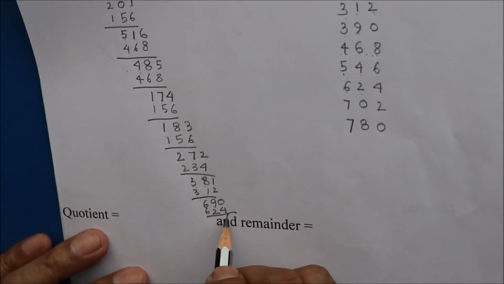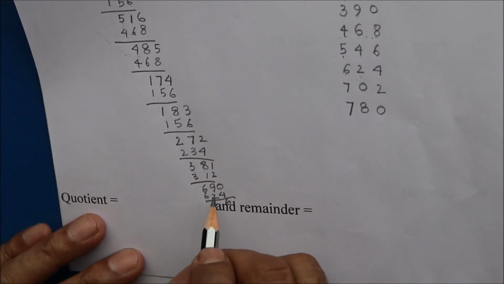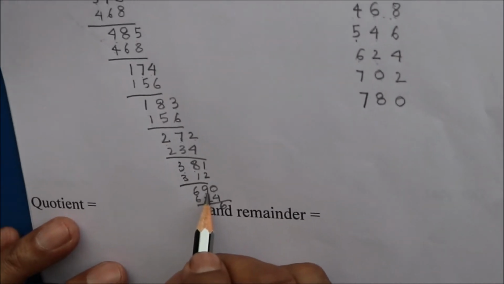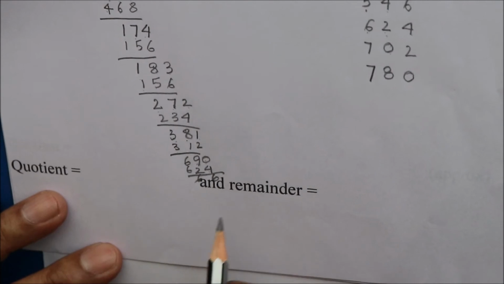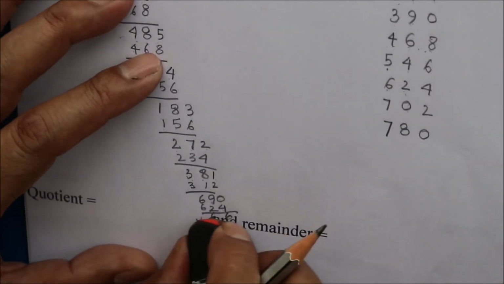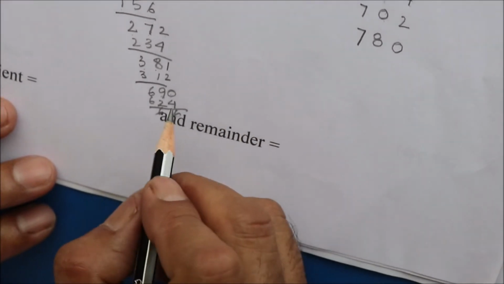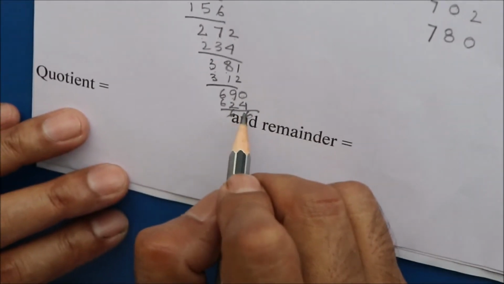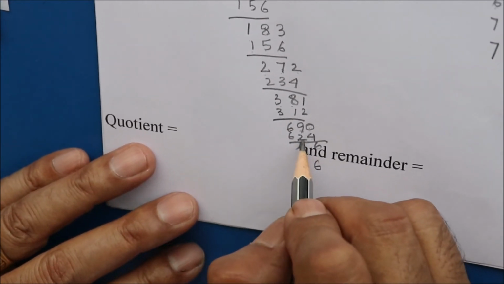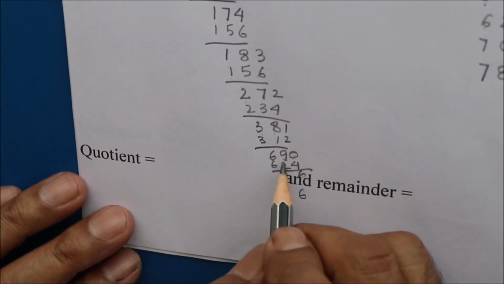4 more 6. 9 minus 1, 8. 8 minus 2, 6. 4 more 6. 9 minus 1, 8. 8 minus 2, 6.